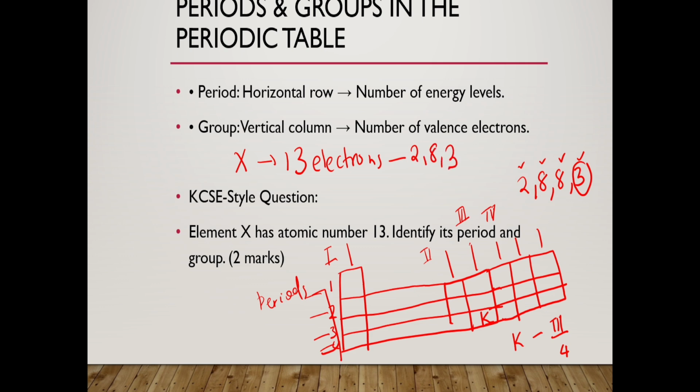The outermost shell has 3 electrons, therefore it will be in group 3. But now if you see the number of energy levels, we have 3 energy levels, therefore period 3.